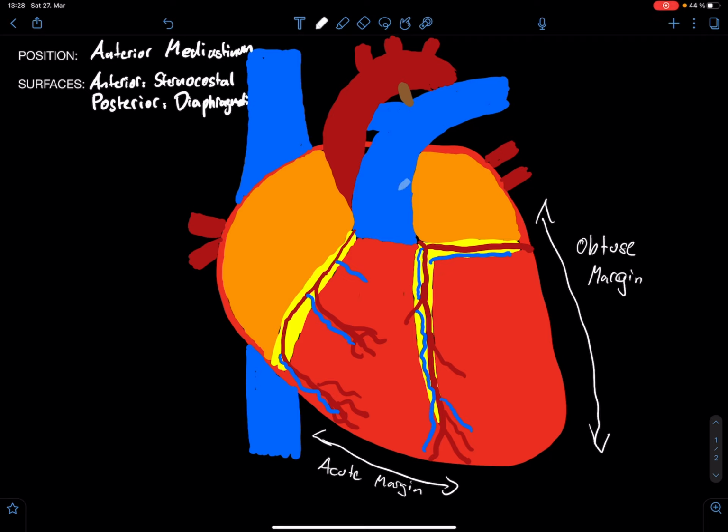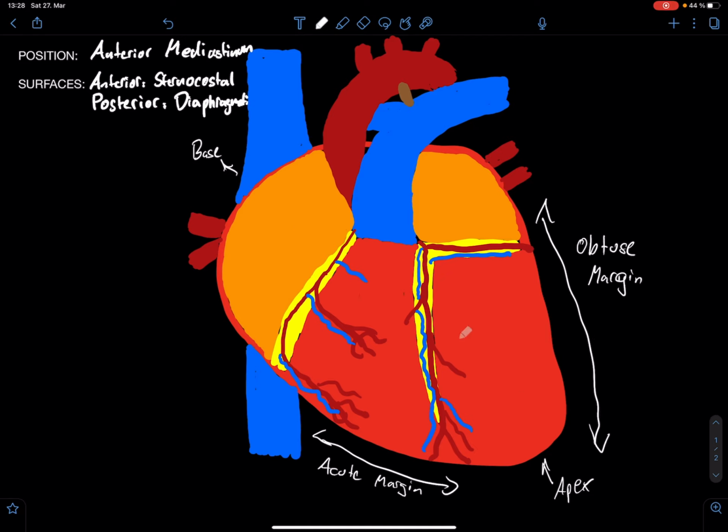And then we have, again, the two other structures, which would be the base of the heart over here, which directs posteriorly and to the right. And down here we have the apex of the heart, which directs anteriorly and to the left.